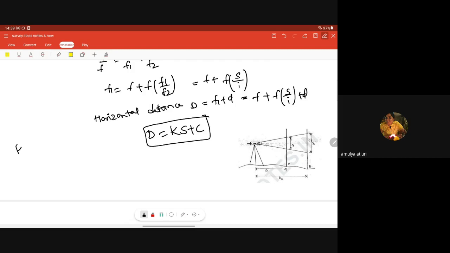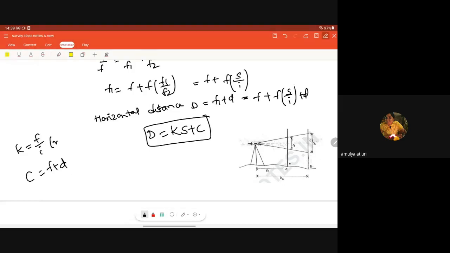K is equal to F by I, and C is equal to F plus D. This F by I is called the multiplicative constant.